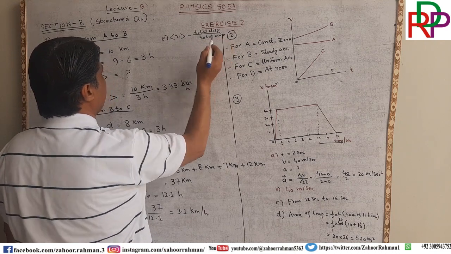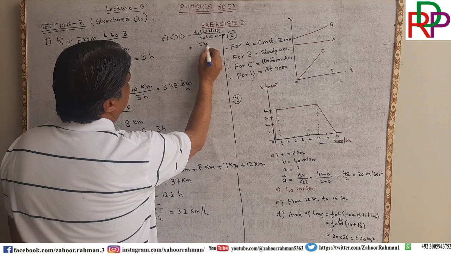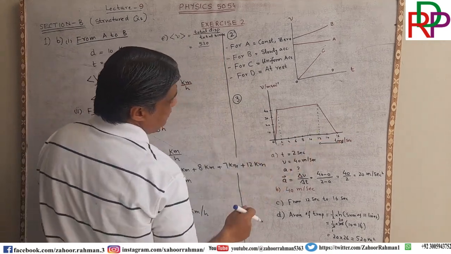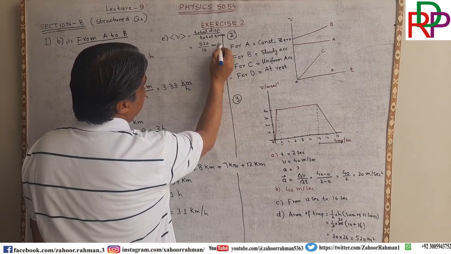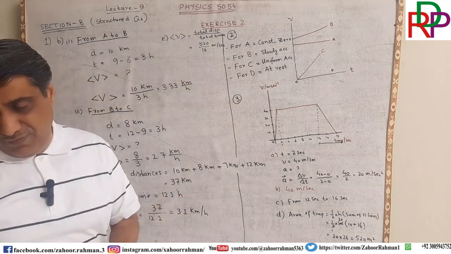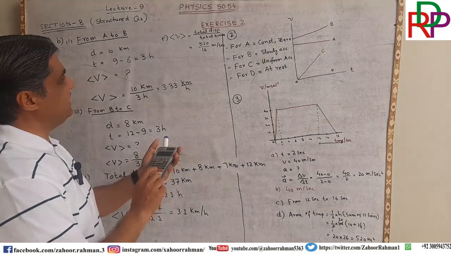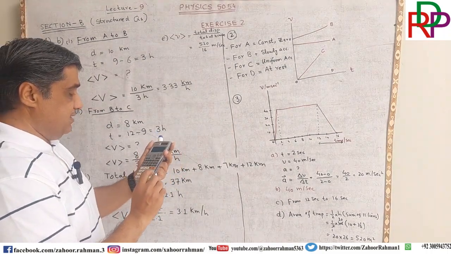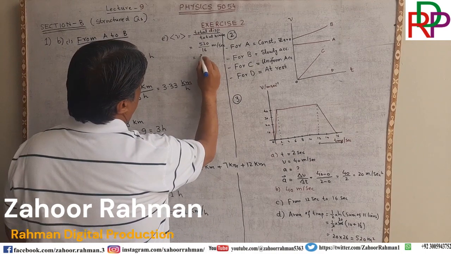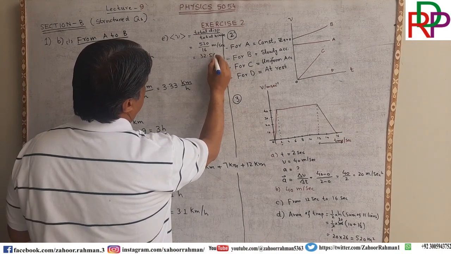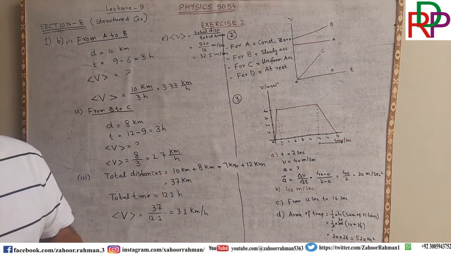So we also have these two data. We found 520 and the total time from 0 to 16, and that is meter per second. So when we divide 520 by 16, then we are getting 32.5. 32.5 meter per second is the average velocity.